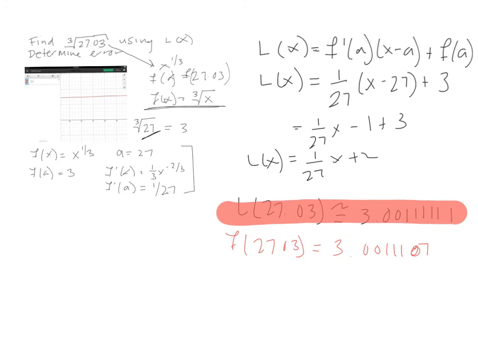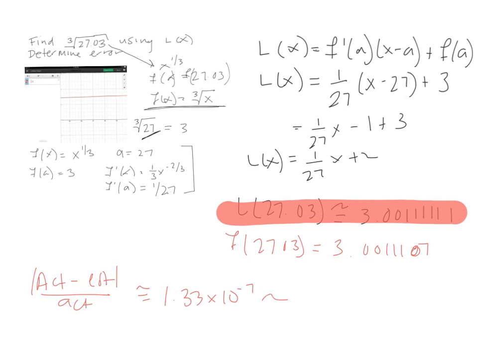So those two values compared to each other, if you put them in error, so remember that's actual minus estimated over actual, absolute values in the top, and I have approximately 1.33 times 10 to the negative 7, which is really, really, really small.